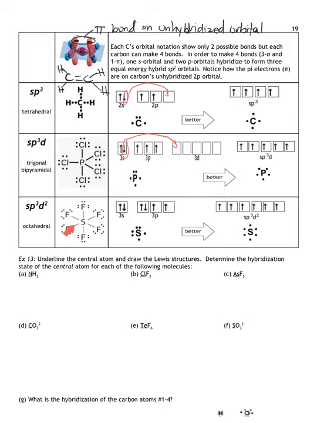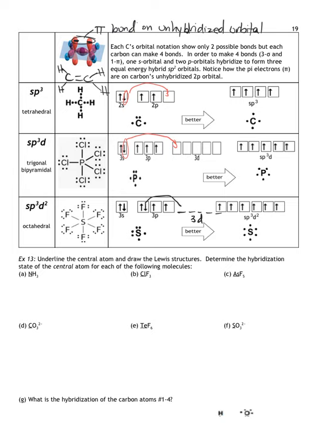Let's look at sulfur. Sulfur central atom has 6 bonds right here. How does this explain it? It actually doesn't, nor does this explain it. So we're going to need to hybridize d orbitals. I didn't write that in, but I'd like to write that in right now for you to see. There's 5 d orbitals.